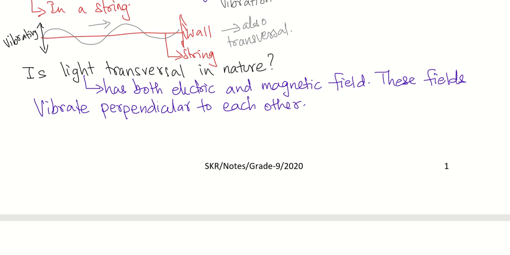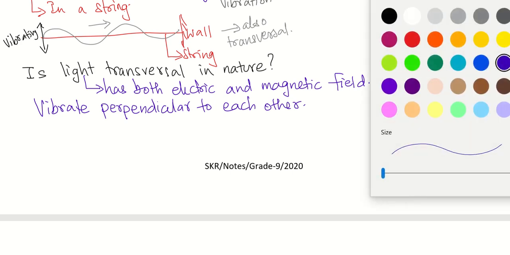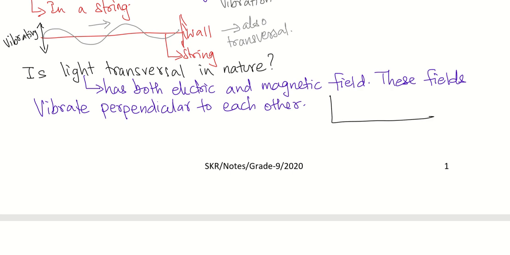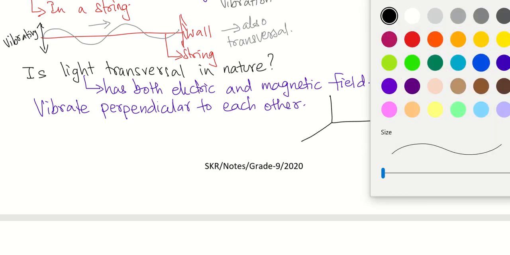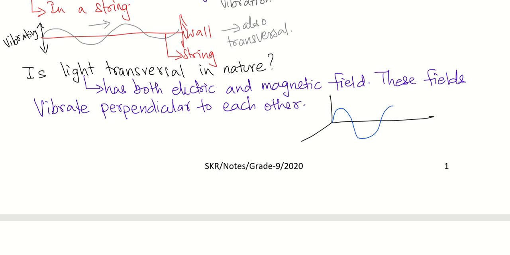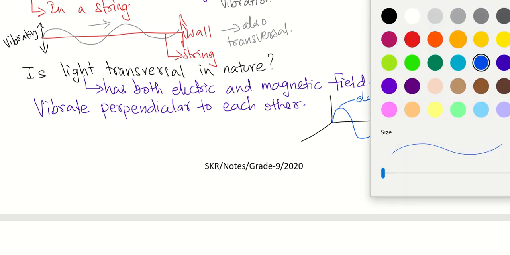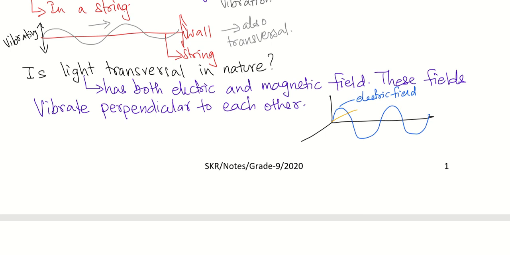So if I have to show the electromagnetic wave, how will I show it? I am going to show it this way. This is my electric field, and this is my magnetic field. See, the oscillation or the vibration is perpendicular, right?